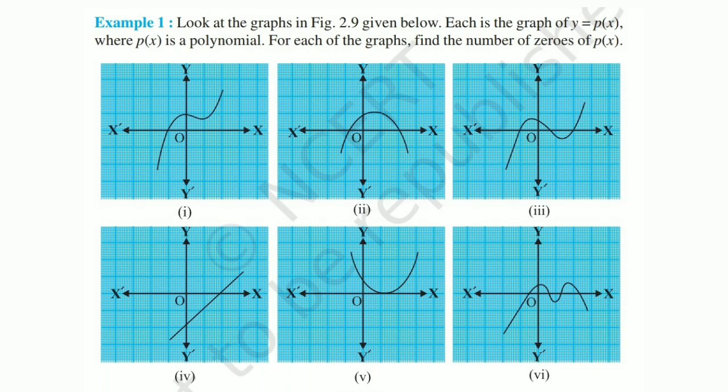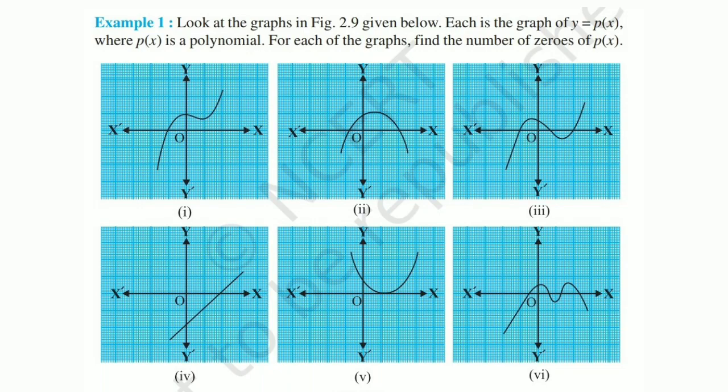Let us see one question based on it. Example 1. We have to see the graphs given below. Each one is a different polynomial. For each graph we have to find the number of zeros. As we know, we can find the number of zeros by how many times it touches the x-axis. The first picture touches the x-axis in 1 place, so the number of zeros is 1. The second picture touches the x-axis in 2 places, so the number of zeros is 2.